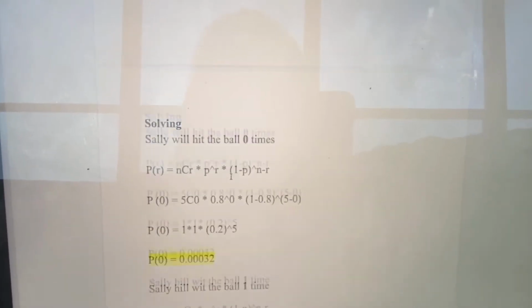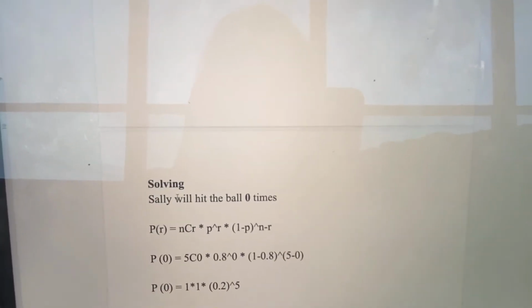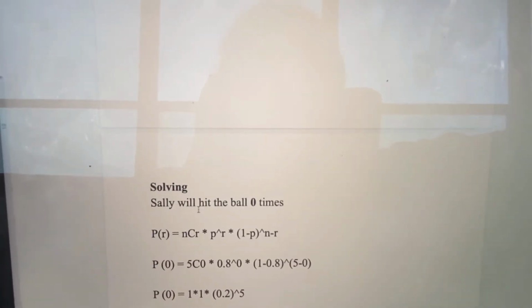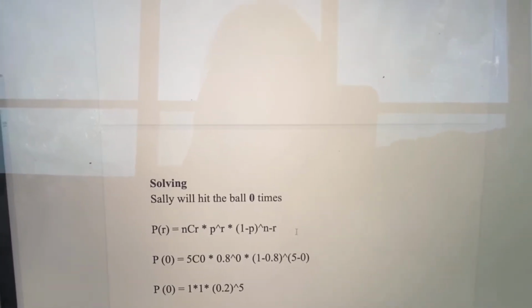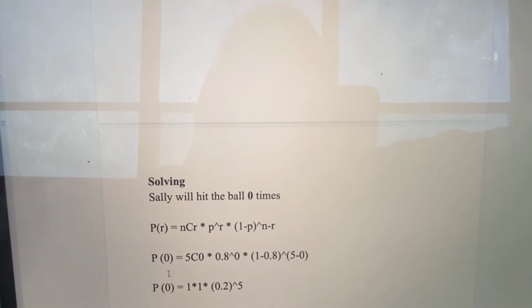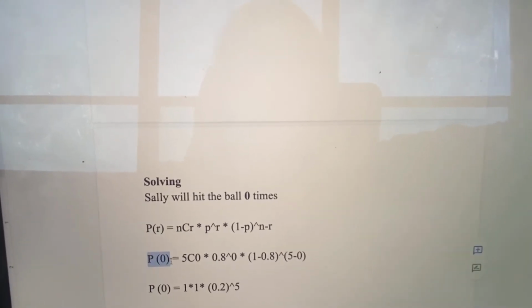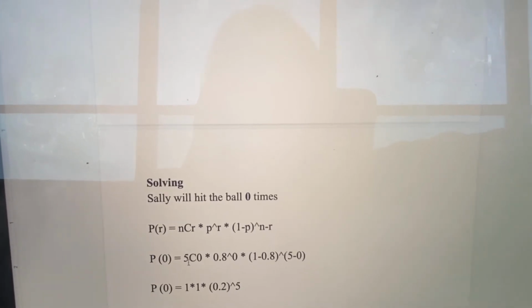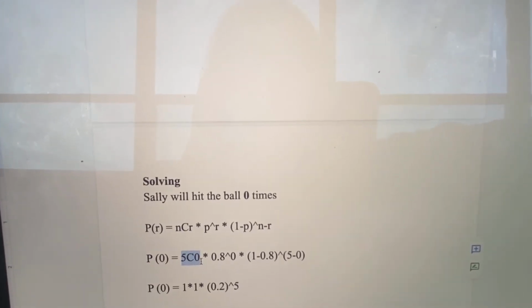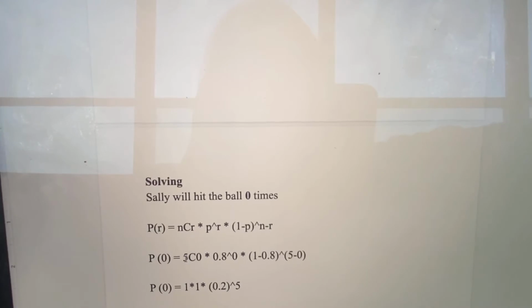So we're going to solve. Solving, Sally will hit the ball 0 times. We're going to write out our binomial formula. We're solving for 0, so I just put P of 0, because what's the probability she's going to miss all of them? And we put 5C0 because she's going to bat 5 times, but she's going to miss all of them.